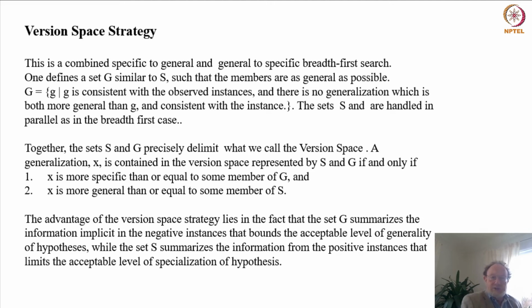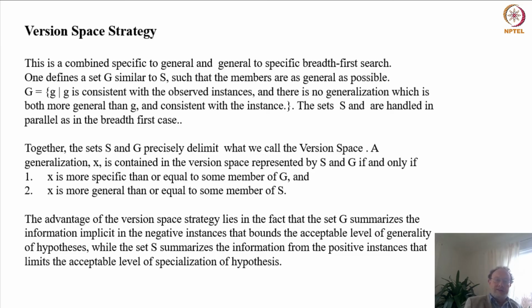So in addition to the set S that we used in the breadth first case, we define a set G, so the members of G are as general as possible. So G is all hypotheses consistent with the observed instances, such that there is no generalization which is both more general than G and consistent with the instance.